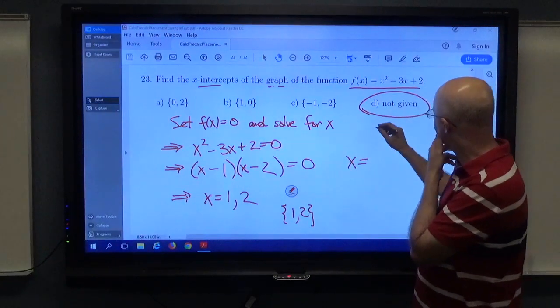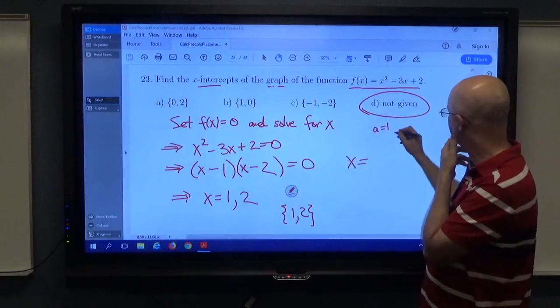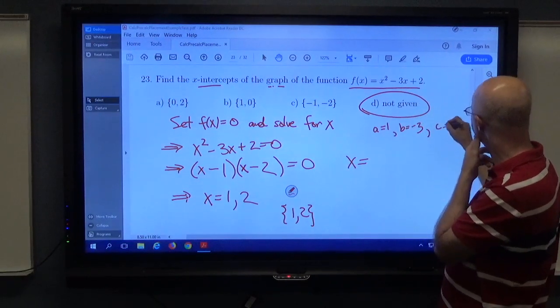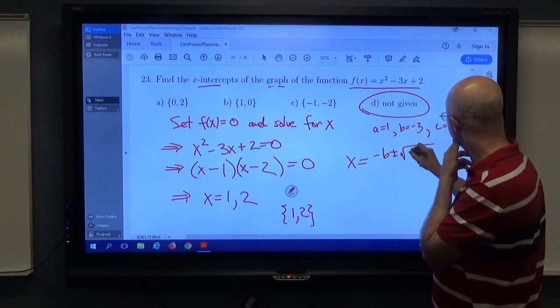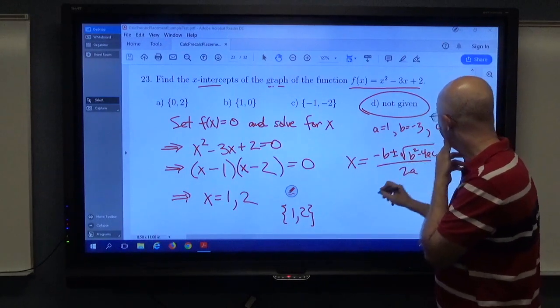So what's the a, the b, and the c here? A is the coefficient of x squared, which is 1. B is -3, the coefficient of x, and c is the constant term 2. The formula says negative b plus or minus square root of b squared minus 4ac all over 2a.